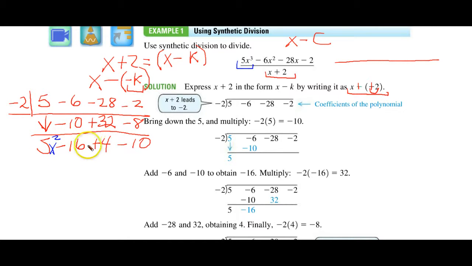This one, 1 degree less, x to the first, plus 4. And our remainder is a -10 over the original form of it, which was x plus 2. And this would be our synthetic division of example 1 up here.